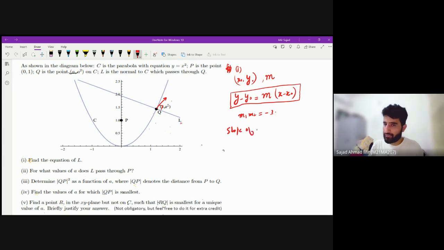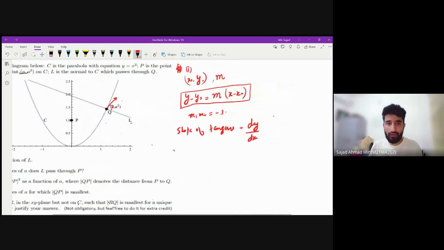The slope of the tangent we can find with the derivative at a point. Since C is y equals x squared, the derivative will be the power down, power minus 1. This is 2x.